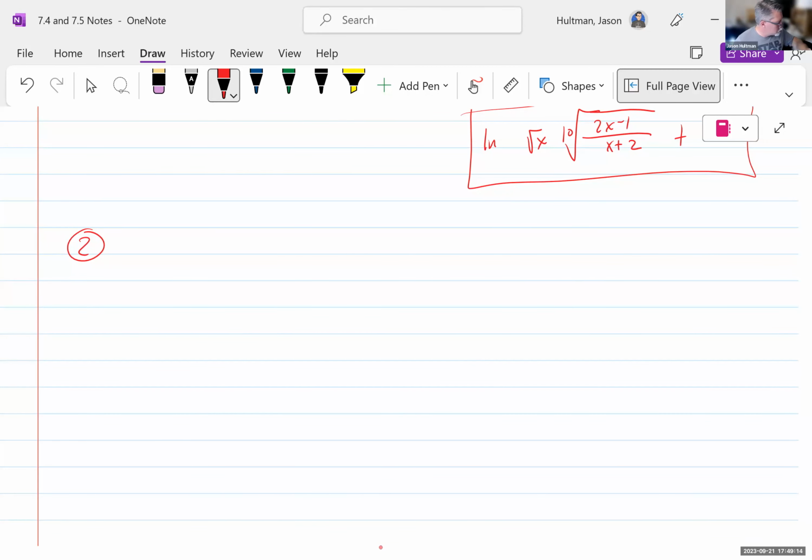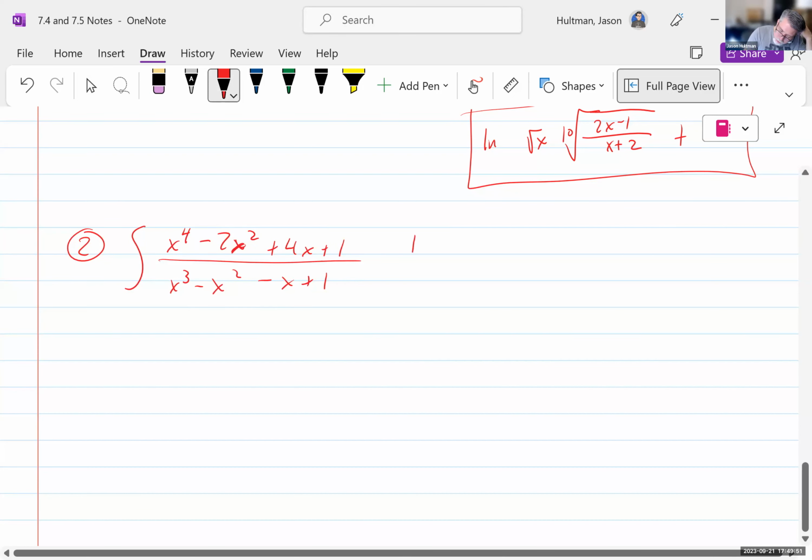Integral of x to the 4th minus 2x squared plus 4x plus 1, all over x cubed minus x squared minus x plus 1, dx.